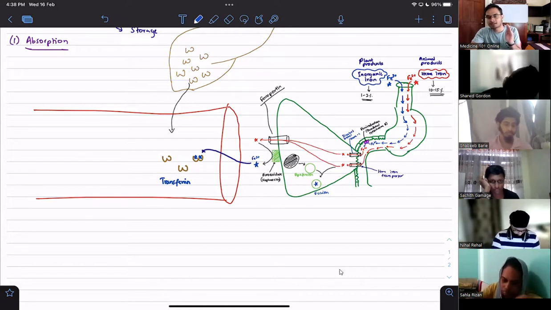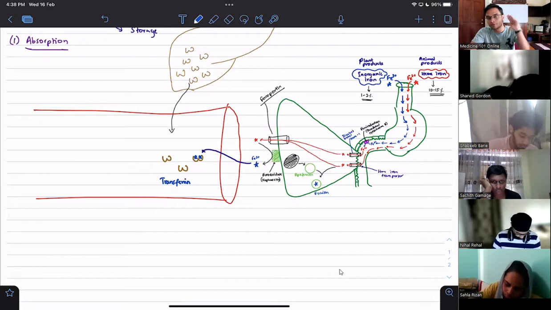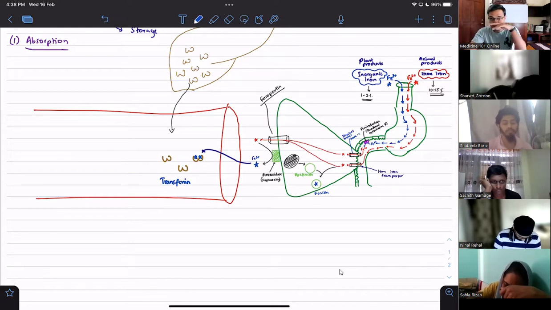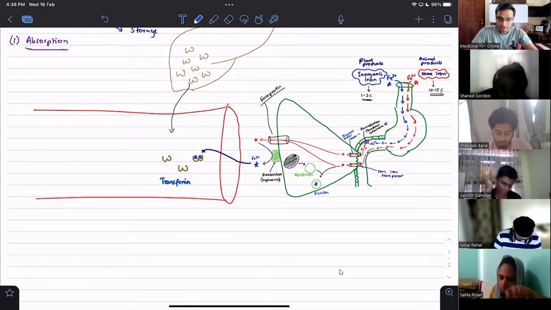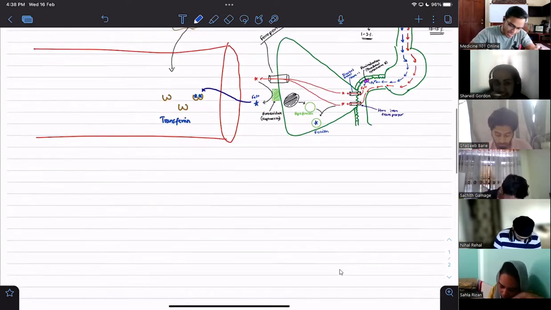Whatever Fe3 plus comes out through the ferroportin, Fe2 plus comes and is converted by the ferroxidase there. Whatever is converted must be bound by transferrin, otherwise there can be issues. So because of this, there is an important ratio for you all to understand.